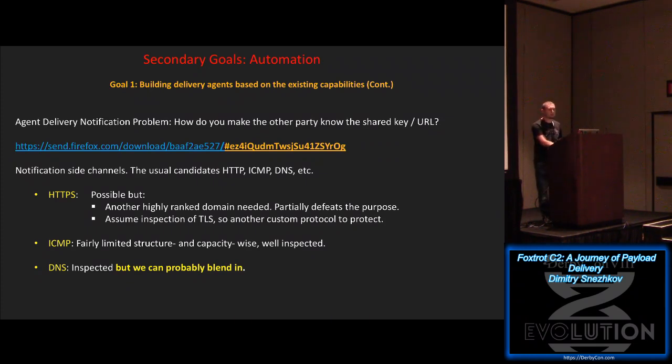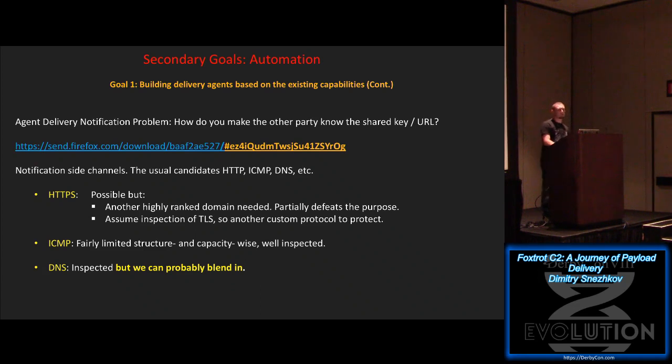So we needed a side channel. Side channel on HTTP, then you run into exactly the same issue, because you have to have a ranked domain, you have to be able to age it, you have to be able to trust it, and so on and so forth. You can use ICMP, but in our case, ICMP is fairly limited because it's kind of loud. It doesn't have a lot of capabilities to do what we need to do. We can use DNS.